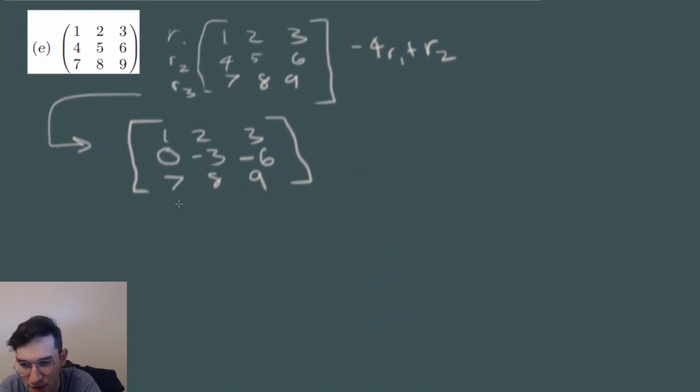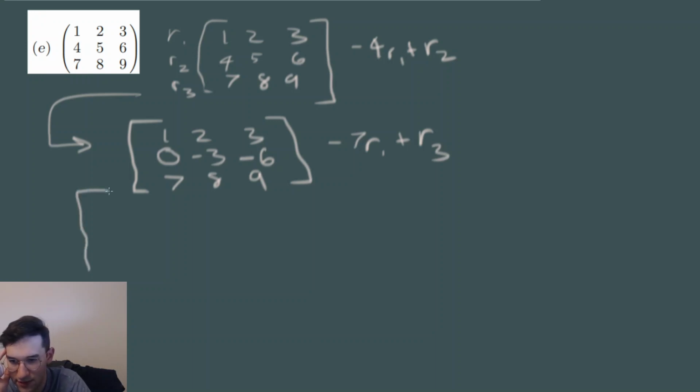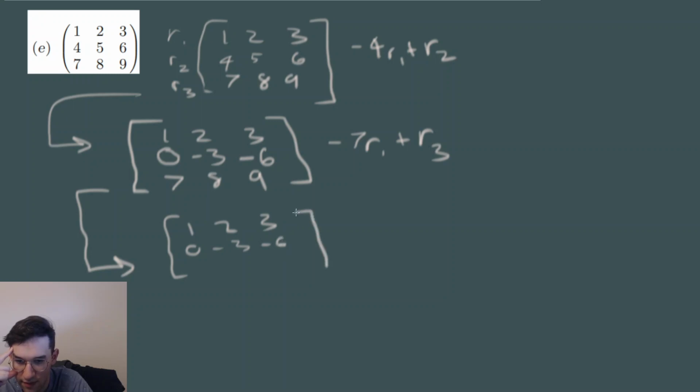Now we just need to focus on the 7. How do we get rid of the 7? Well, same thing. Negative 7 R1 plus R3. Let's do that. All right. Rows that are staying the same are the first two. The third one's changing.